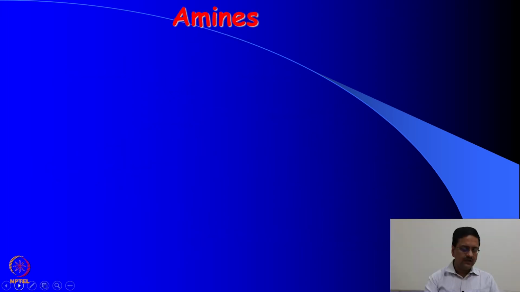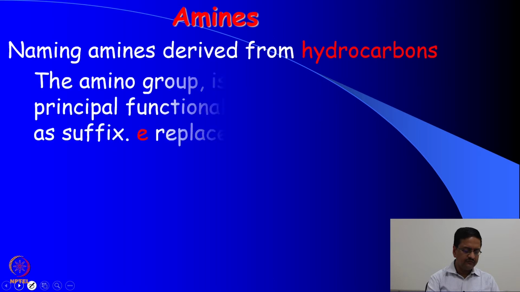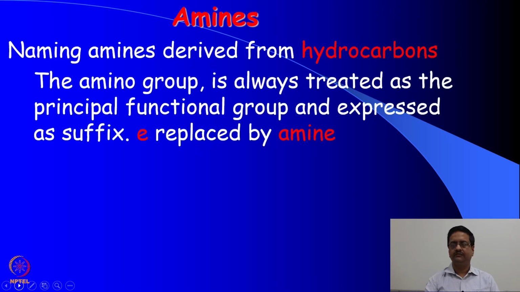These 3 different types of amines respond to different types of tests, which we will learn in a different course. When you talk about the amines, the naming comes from the corresponding hydrocarbon. We first need to identify the long chain hydrocarbon from which it comes, and the amino group is always treated as the principal functional group and expressed as a suffix.